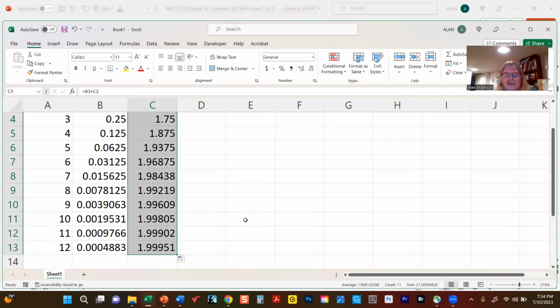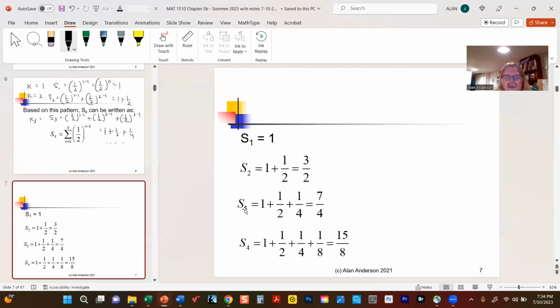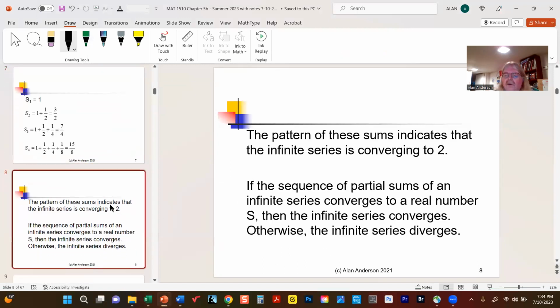You can see they're getting really, really close to 2 without ever quite reaching it. So it appears that this series converges to 2. In other words, in the limit, this series has a sum of 2.